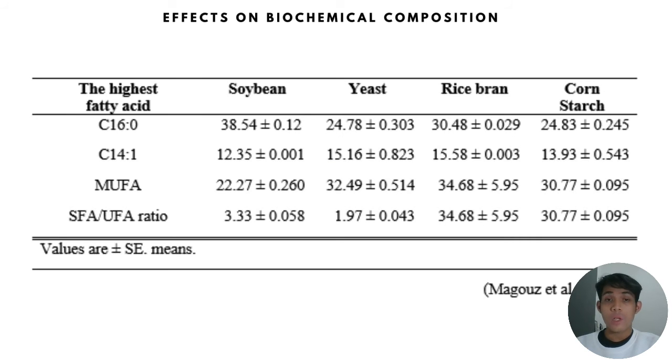In terms of the biochemical composition found in these four artificial diets, the highest fatty acids found are C16, C14, MUFA, SFA, and UFA. But if we look into this table, the rice grain brings the most value among the other three.